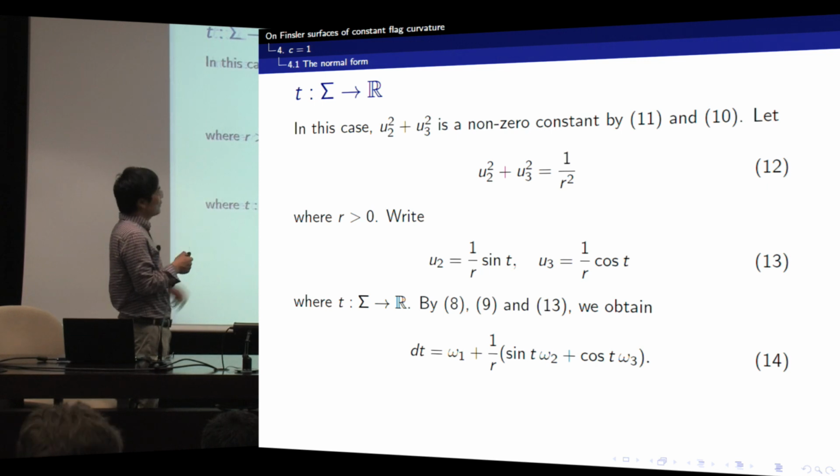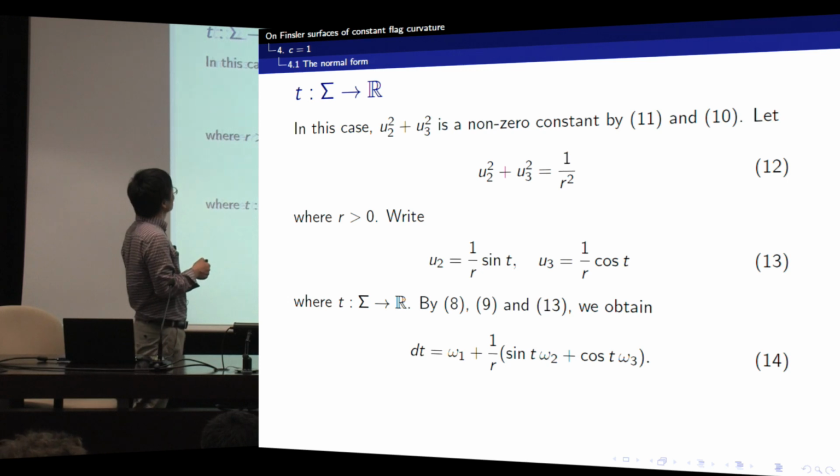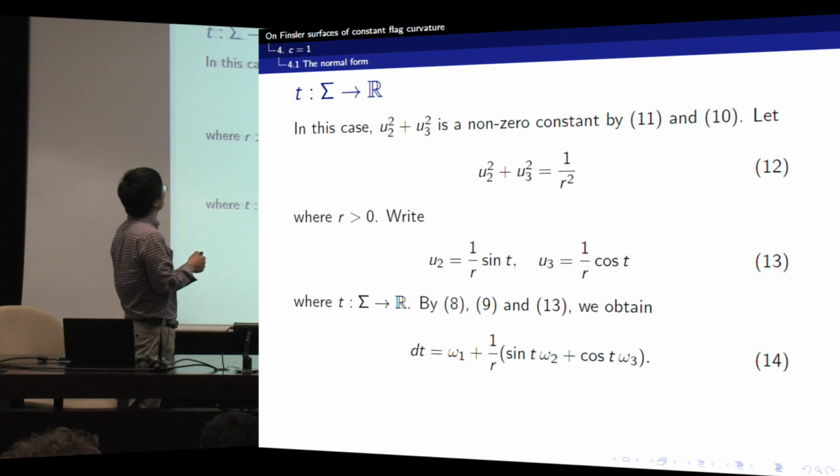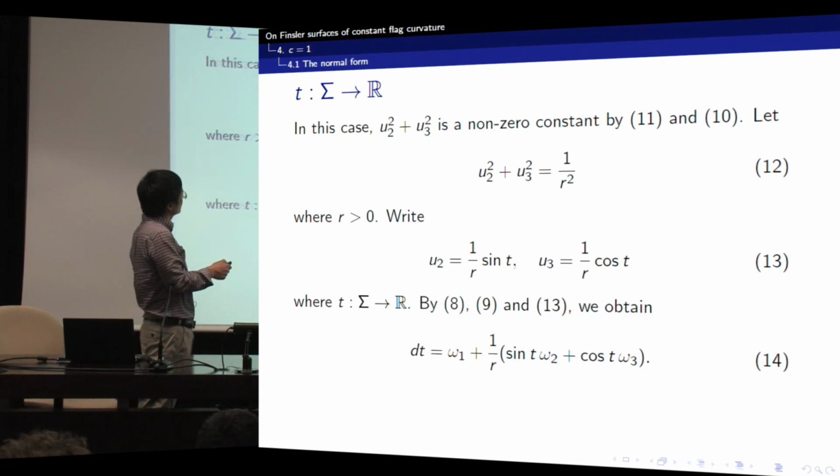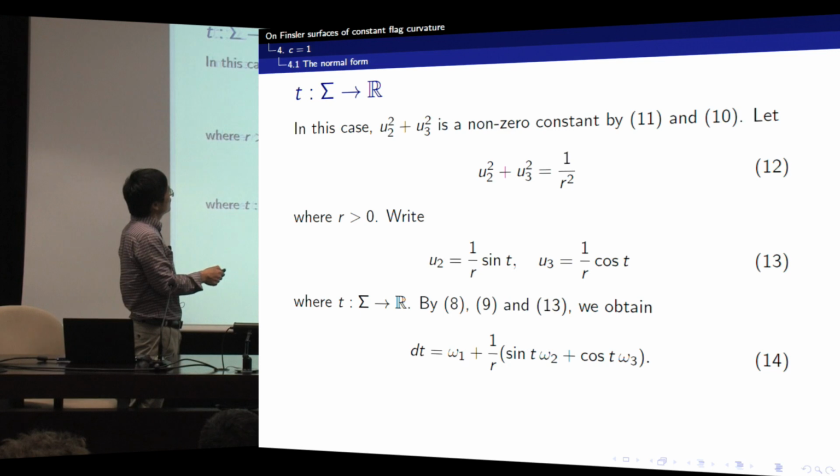We will find the normal form of the Finsler surface with constant flag curvature equal to positive 1 in 2 dimensions, the isometric globe. In this case, C2 square and U2 square plus U3 square is a non-zero constant by 11 and 10. So we can assume U2 square plus U3 square equals 1 over R square, where R is positive.